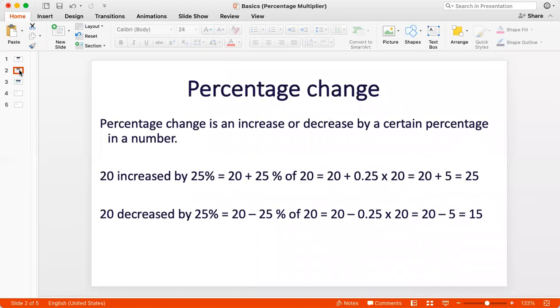Percentage change is the increase or decrease in a certain number by a certain percentage. For example, let's say I want to increase 20 by 25%.